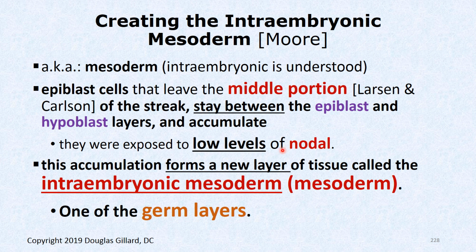I like to think of nodal as like energy. If you have a lot of nodal, these cells that come from the epiblast get a lot of energy. They can go right through the middle layer and end up all the way down in the endoderm. But if they go through the middle portion of the streak, there's not a lot of nodal there, so they don't have that much energy, so they end up staying in the middle and becoming mesoderm. So that's our first germ layer.